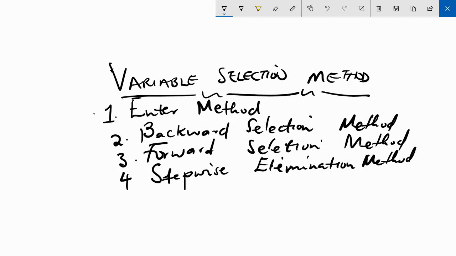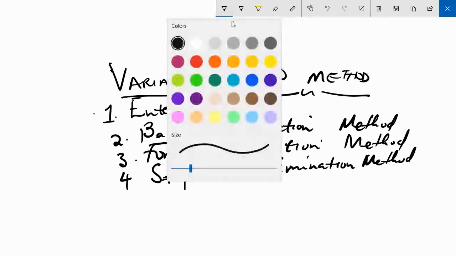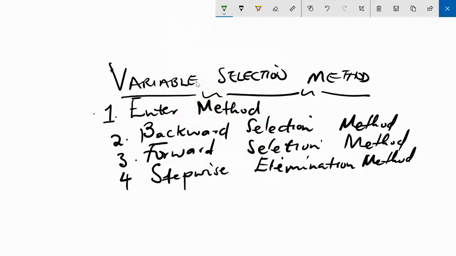The first one is what we have been doing so far, where you will find the model, test for beta 1, beta 2, beta 3, and so forth. But this first method won't help you to remove the insignificant variables. Get my point right? The first method won't help you to remove the what?